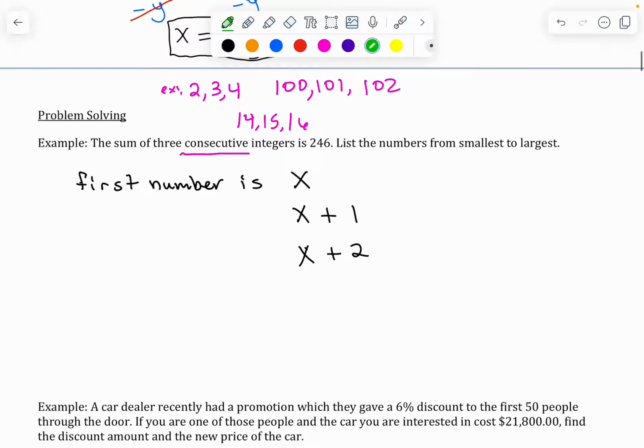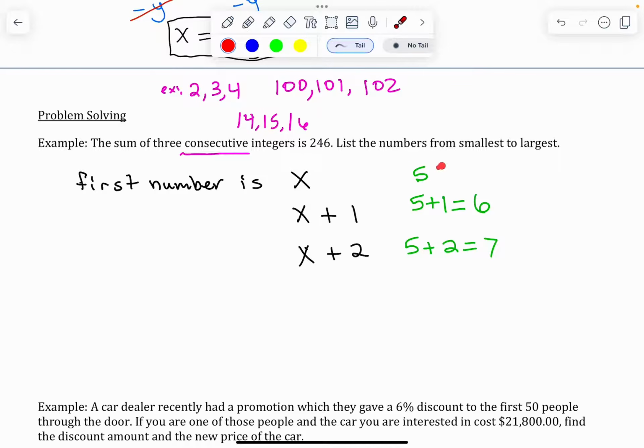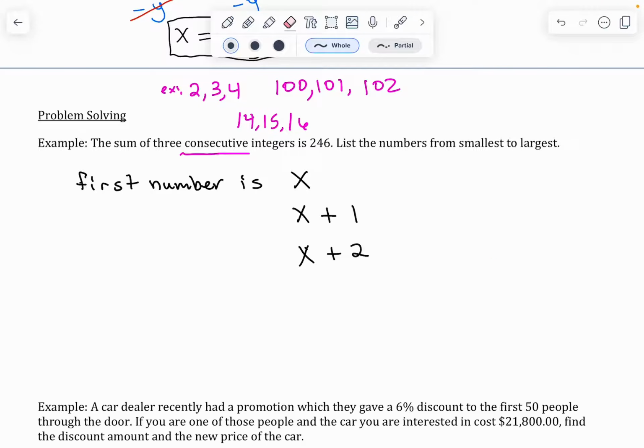So if we plugged into this, let's say x was 5. What is 5 plus 1? Well, that's 6. And then 5 plus 2 gives us 7. And you'll see you have 5, 6, 7, which is 3 consecutive integers. So that's just a quick example that works for those formulas.